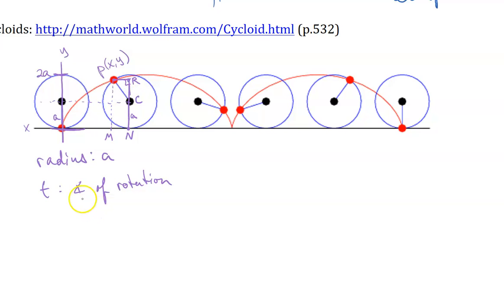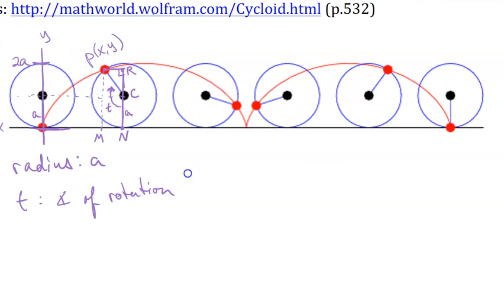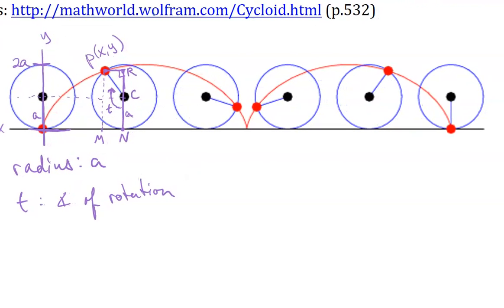Then T, the angle of rotation, is this angle right here. It's the angle of rotation technically of segment CP, or the radius CP. Because this is a radius, we also know that this has a length of A.